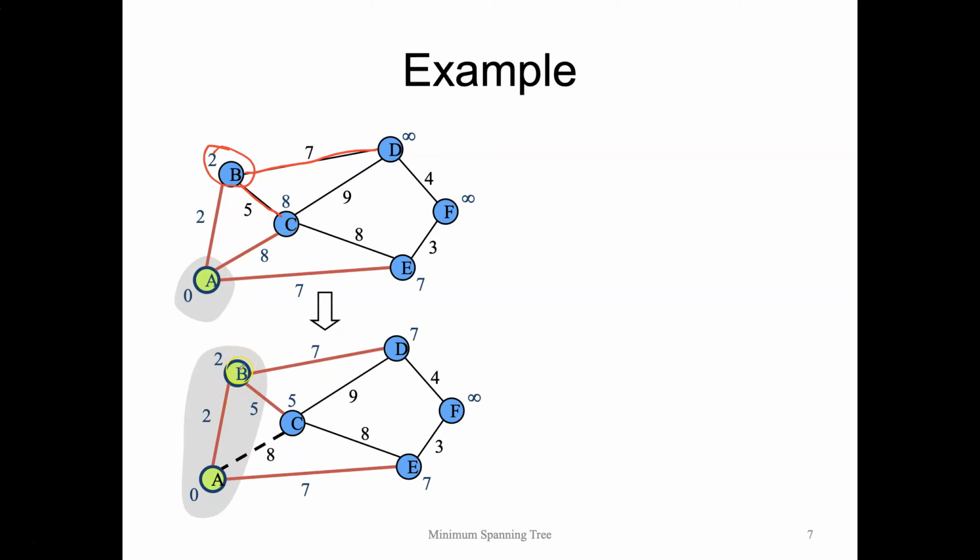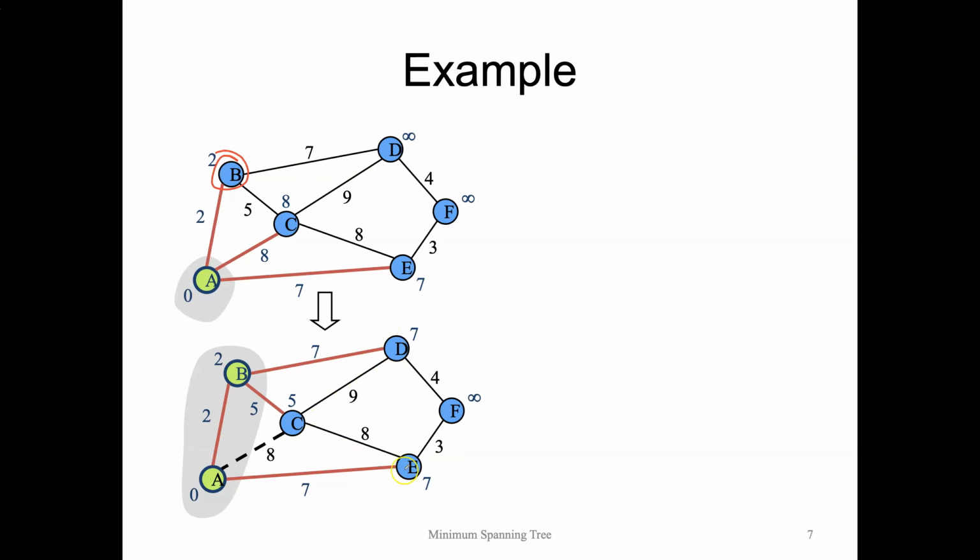So now that B is in the cloud, we find that there's an edge connecting C to a vertex of this cloud, which has weight only 5. So we find something better than what this edge was providing. So we update C's distance label to be 5. And for D, we can do better than infinity. We can set its distance label to be 7.